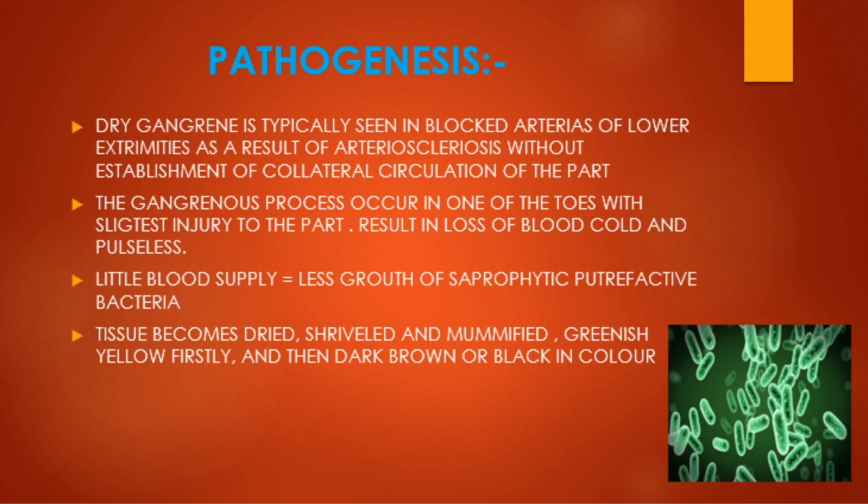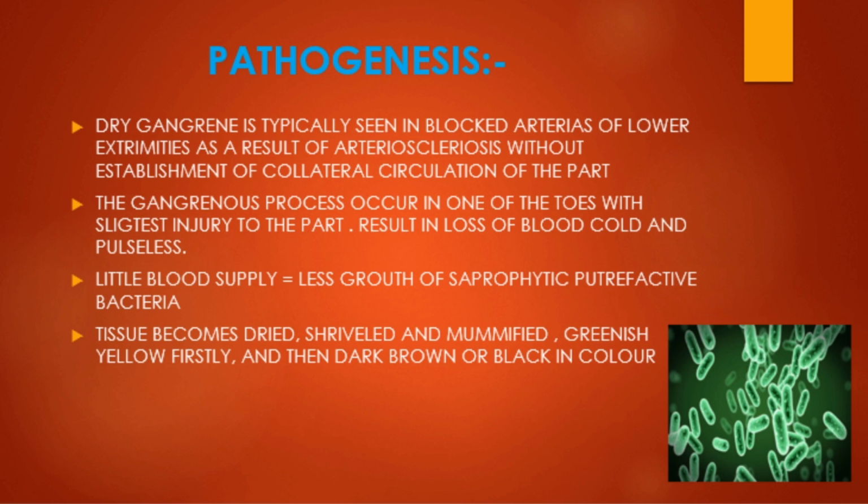As the part contains little blood supply, the saprophytic putrefactive bacteria grow in the dead tissue with difficulty. As there is no or less blood supply, the saprophytic bacteria cannot live. Then the tissue becomes dried, shriveled and mummified, greenish yellow firstly, and finally dark brown and black in color.